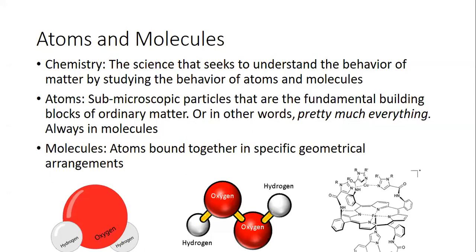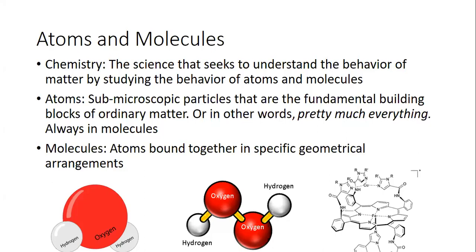So an atom is the fundamental unit of matter. And when you combine atoms together, you form what are called molecules. Basically anything that you can touch, see, is going to be made up of atoms. There are some exceptions, like light energy is not made out of atoms, but physical things are atoms.